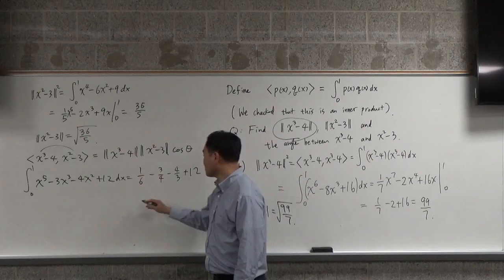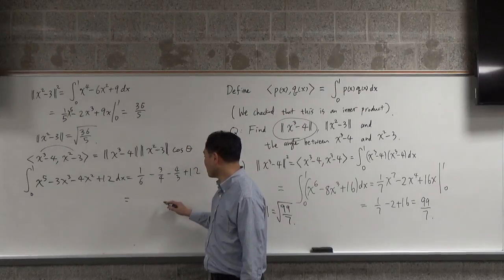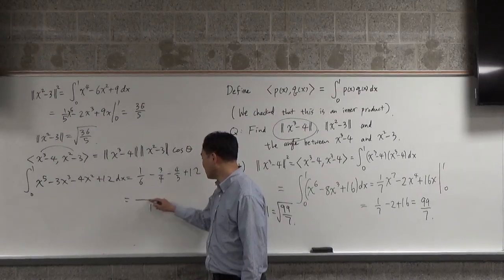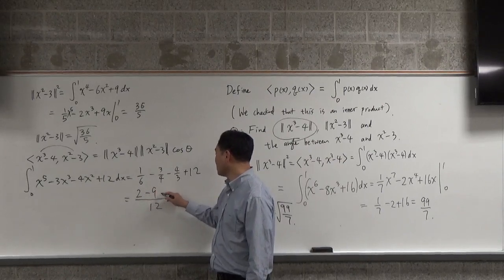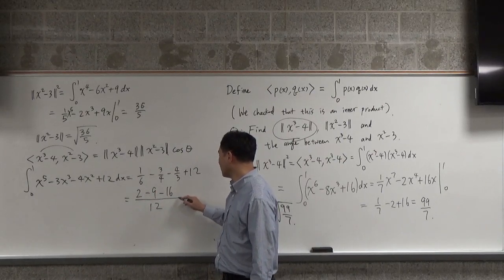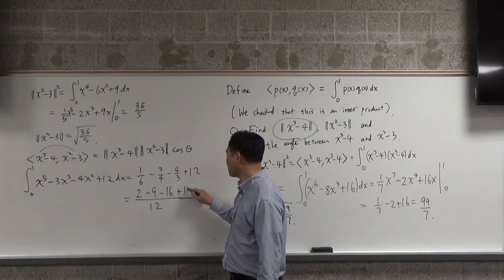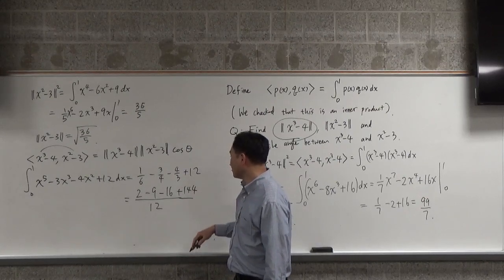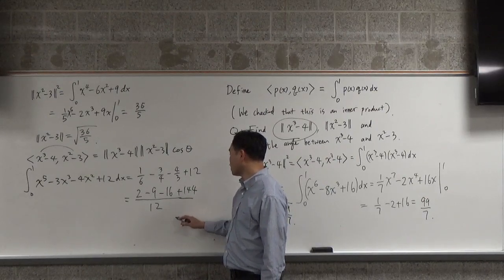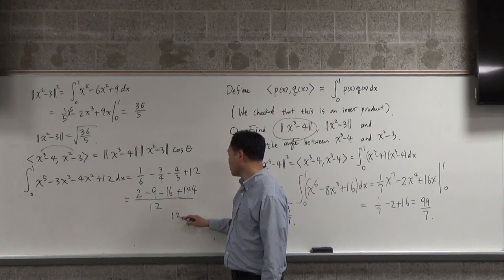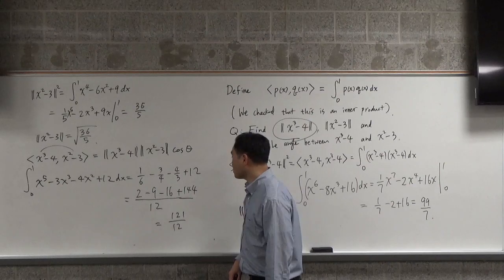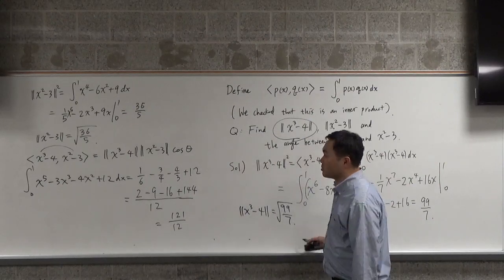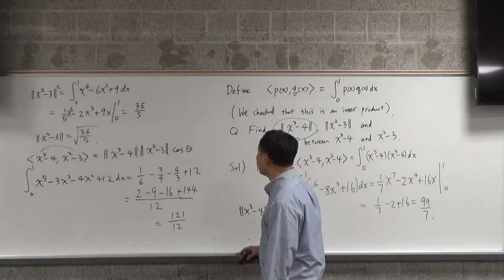That doesn't seem particularly exciting, but let's see what we get. It's 2 minus 9 minus 16, 12 times 12 is 144. So minus 23, so it'll be 121 over 12. Interesting. Okay. So that's the inner product, the left side.